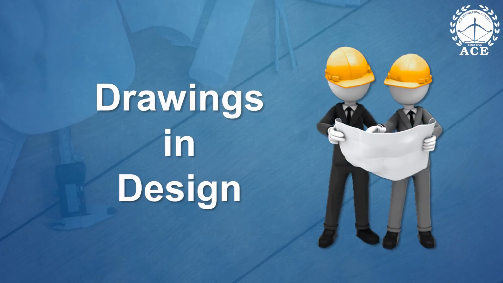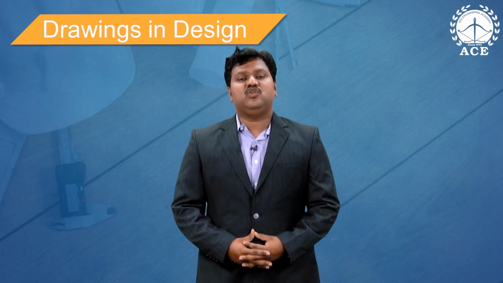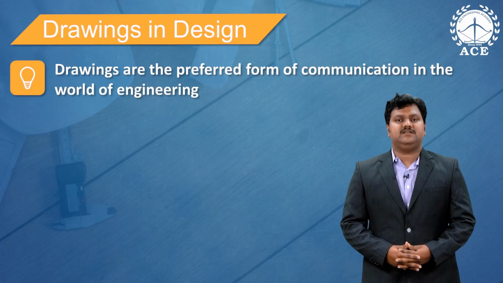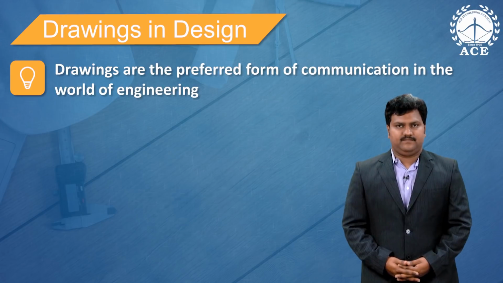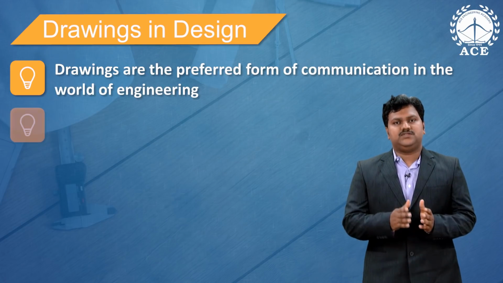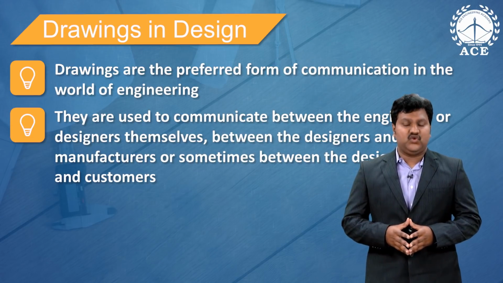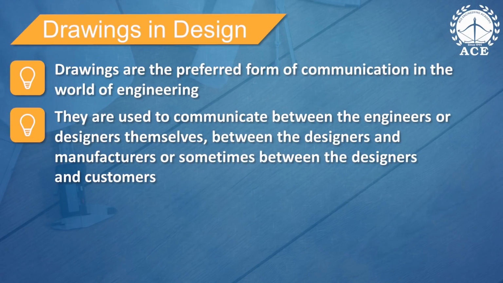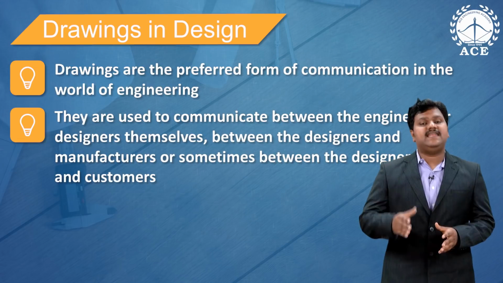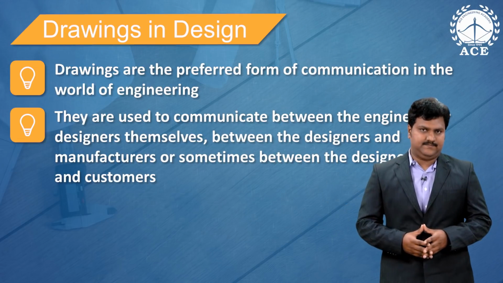Let us look at the drawings in design. The drawings are the universal form of communication in the world of engineering. They are used to communicate between the designers themselves, or between the designers and manufacturers, or sometimes between the designers and the customers.